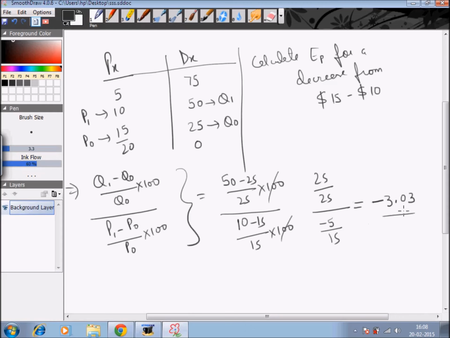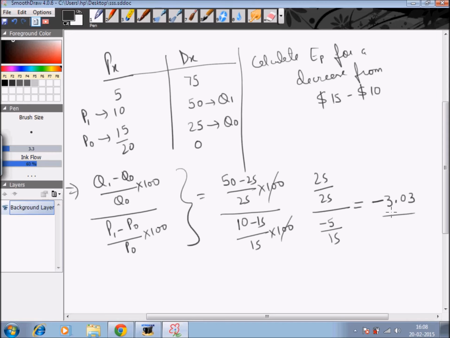So for a decrease in price of commodity X by 1%, there is a 3% increase in the quantity demanded of commodity X. Like we have seen in the last example that when there was an increase in price of commodity X by 1%, there was a decrease in the quantity demanded by 2%.